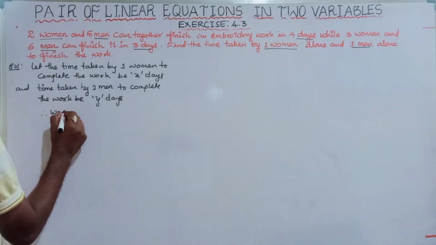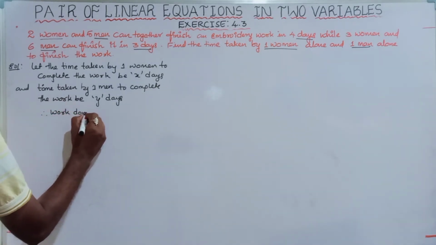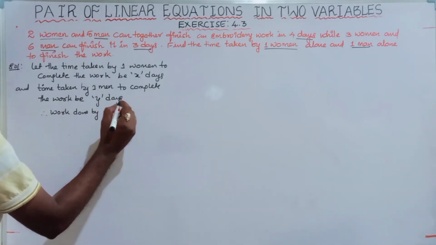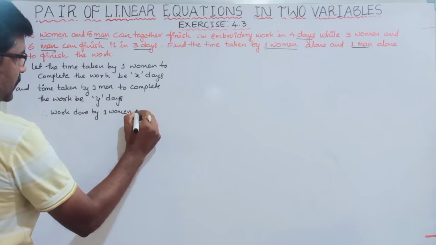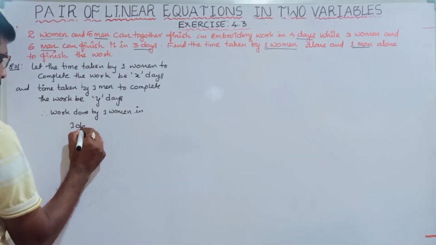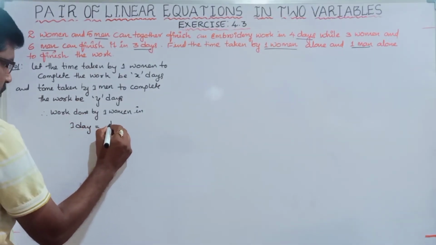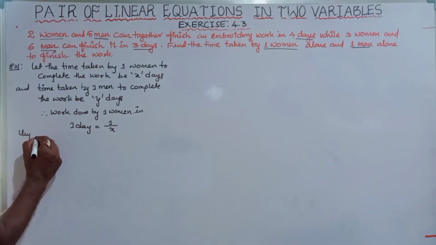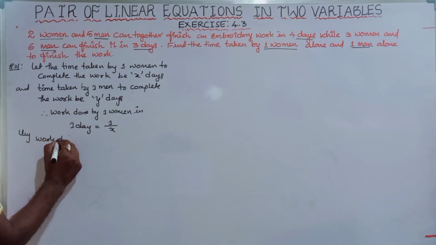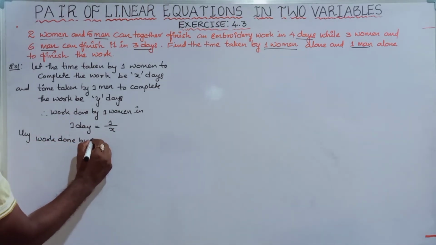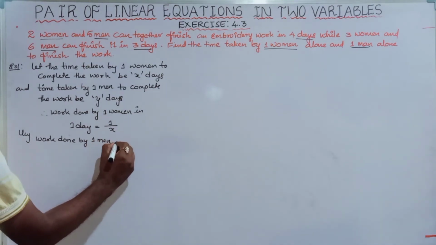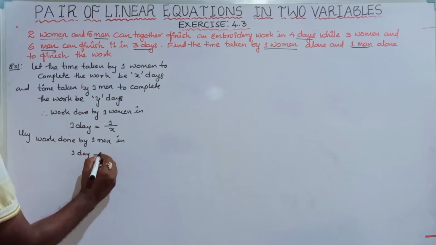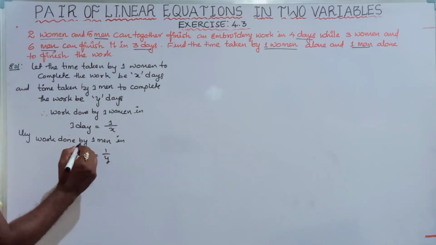Therefore, work done by 1 woman in 1 day is equals to 1 by x. Similarly, work done by 1 man in 1 day is equals to 1 by y.